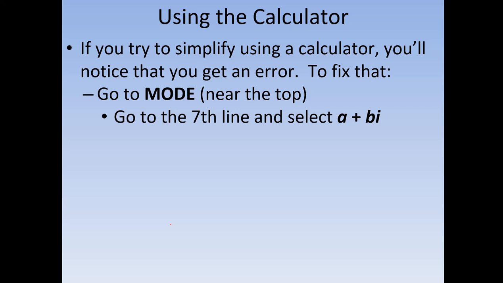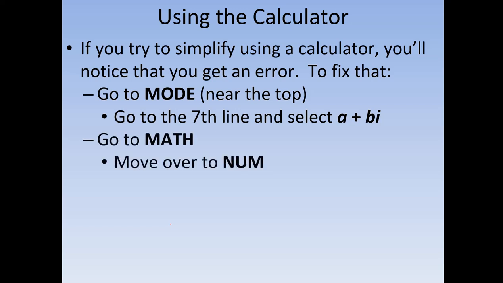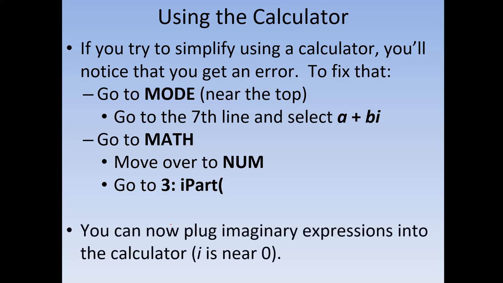This basically means that you're going to put your terms into complex numbers. Then you go to math, you go over to the number section, you go down to part 3 where it says i part, and then you plug in whatever your imaginary expression is, and you end up getting the number.